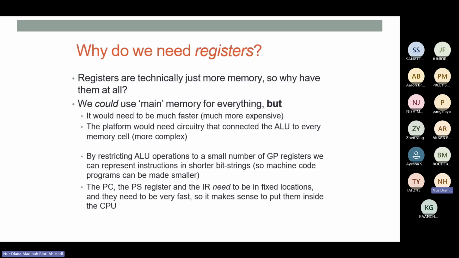By restricting your ALU operations to a small number of GP registers, we can represent the instruction in fewer bits. Therefore your machine code program can be smaller, and when it is smaller, it will be simpler. The PC, the PS and the IR need to be in a fixed location so they can be fast, so it makes sense to put them inside your CPU.